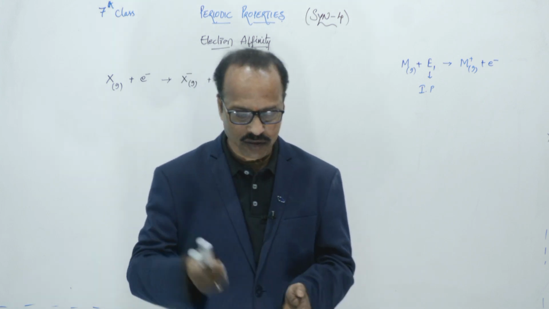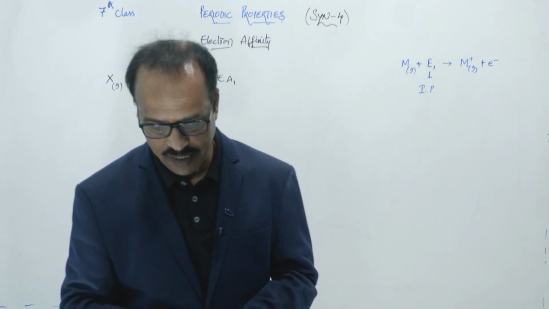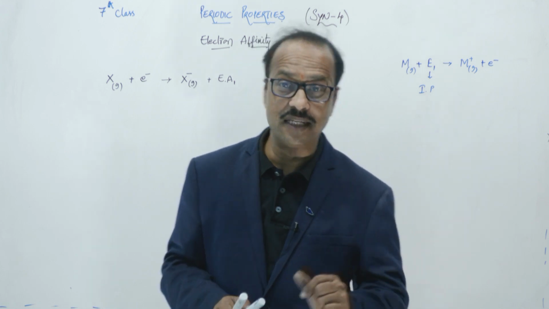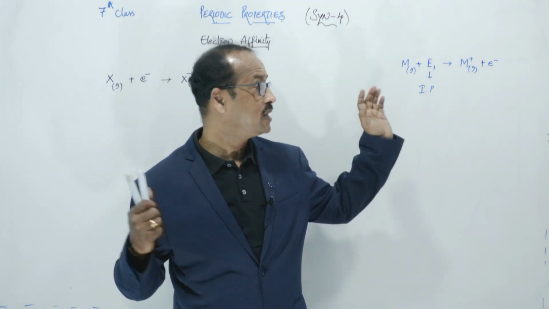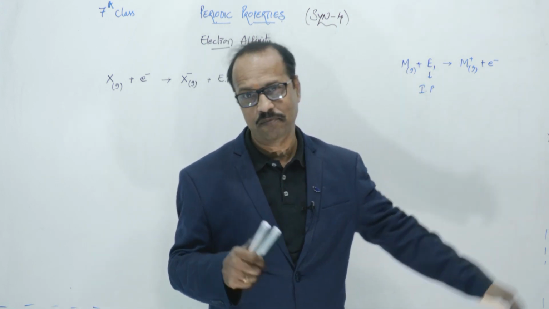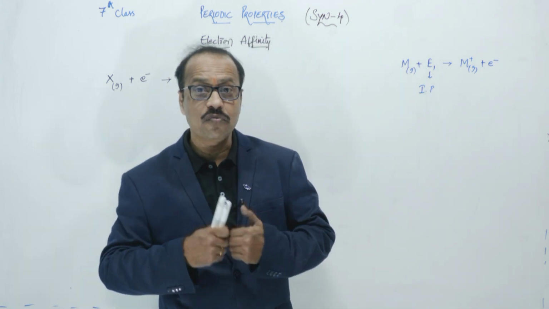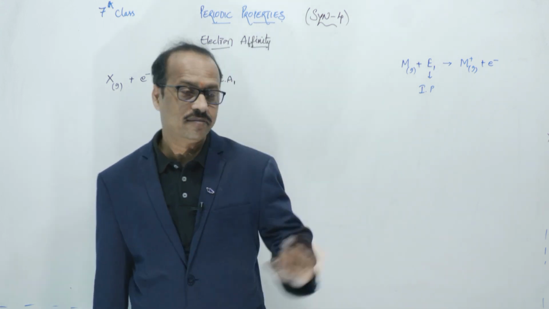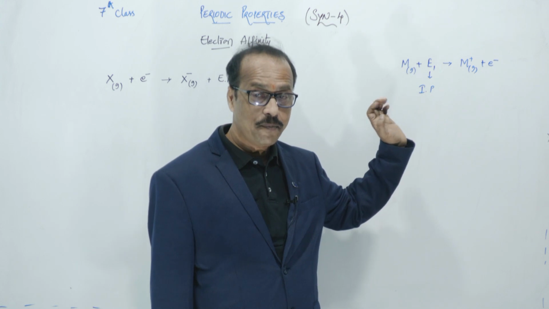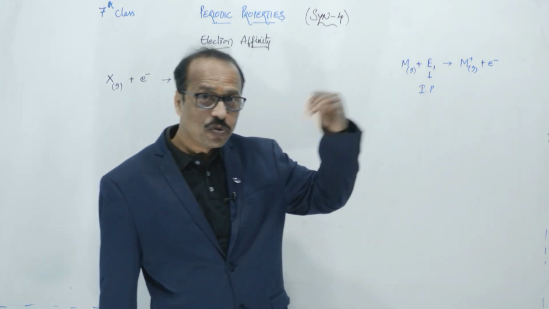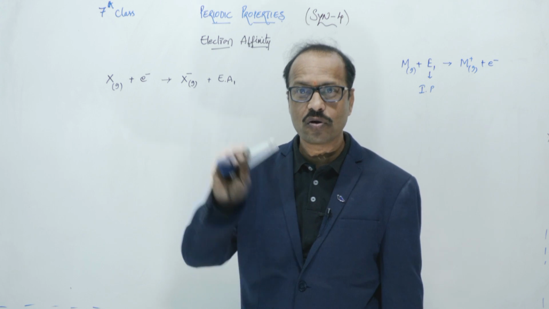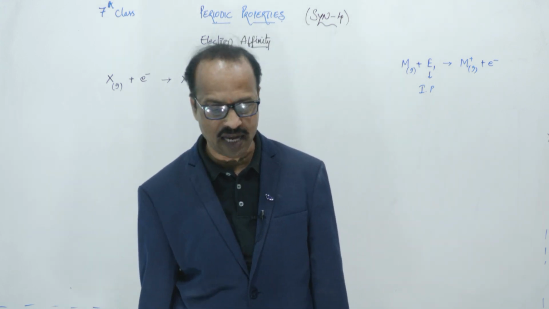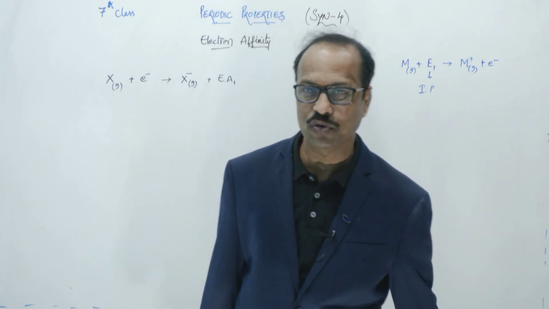Now how can you define it? Open your material at page number 86, there is a definition. Here we said the amount of energy required to remove the electron, but here we are saying the amount of energy released when an electron is added to the valence shell of a neutral isolated gaseous atom is called its electron affinity.